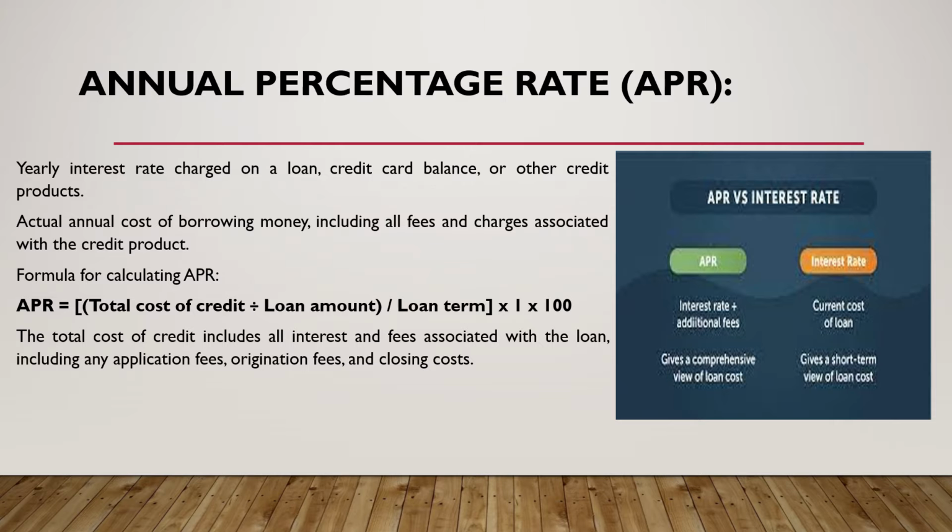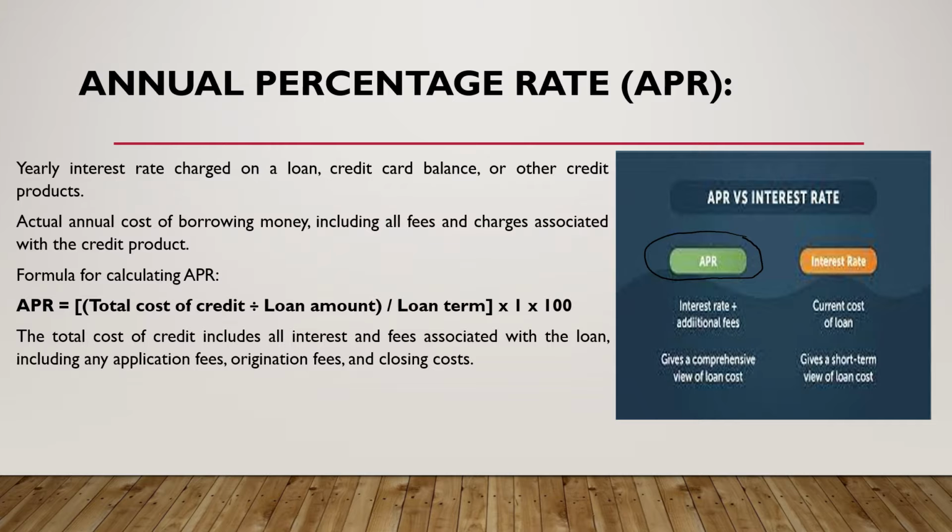Here you can see, on the right hand side, I have written APR versus interest rate. What is the difference between APR and interest rate? Here you can see this is APR, annual percentage rate.